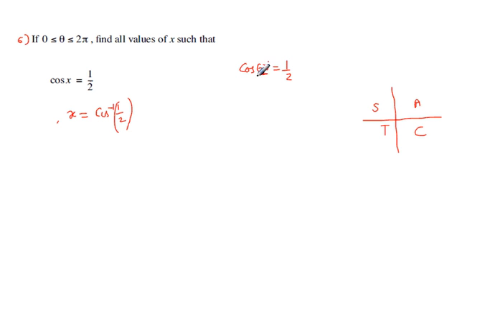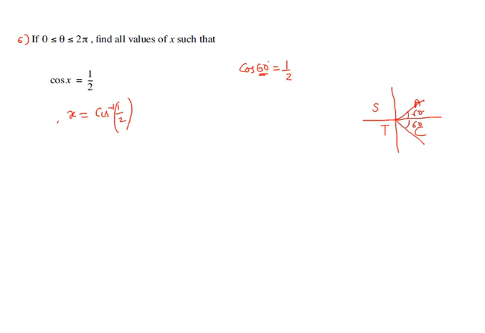So that means my acute angle is 60. You need to look at the places where your cos is positive, because this is positive. Cos is positive in the first quadrant and cos is positive here. So that's how we draw the angles. You mark the acute angle. So 60.